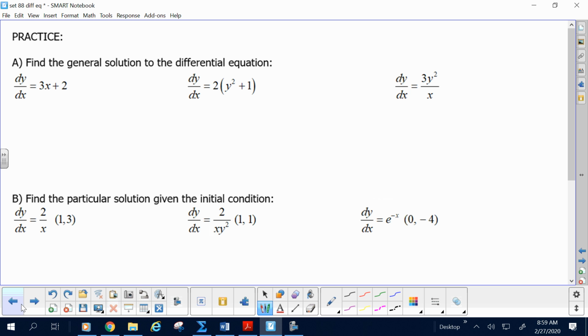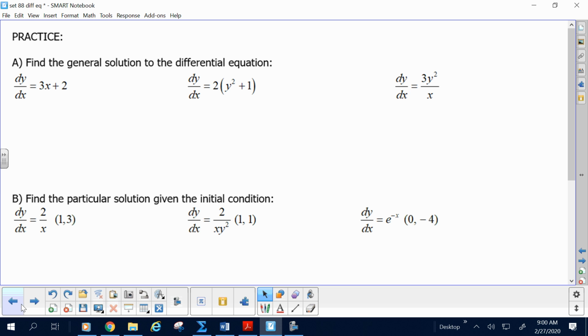Would you try just find the general solution first? Let's get that skill. Try to break this into little skills, all right? So do the first three, please. Feel free to confer with your math amigos, although this part's not very hard, I don't think. This is really just A, can you separate variables?